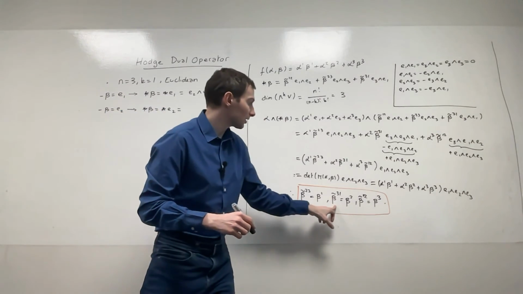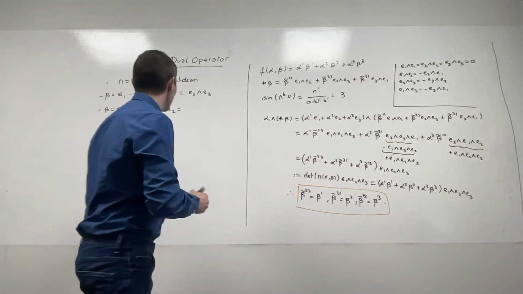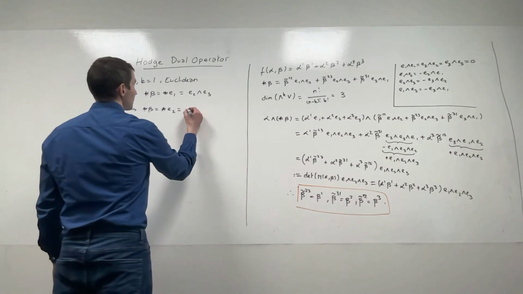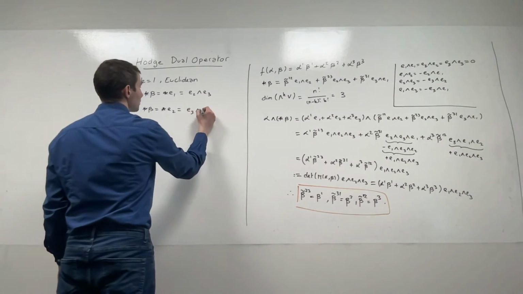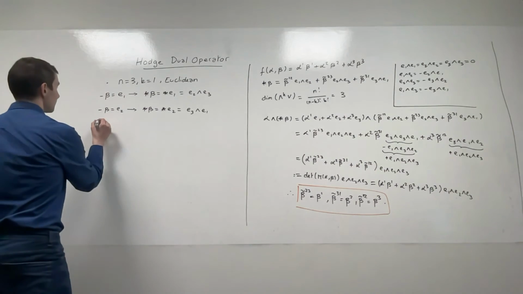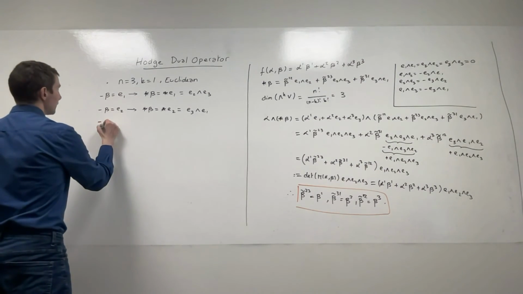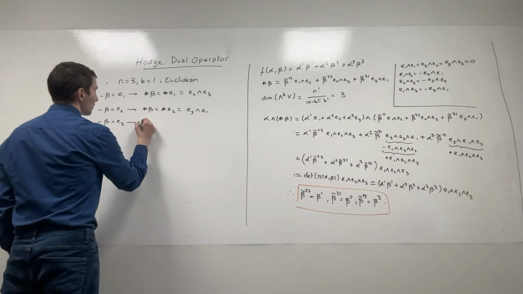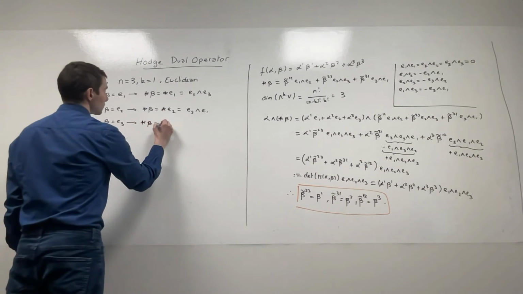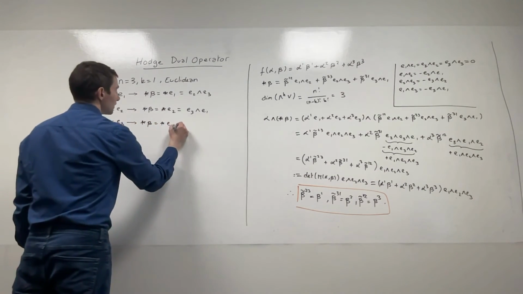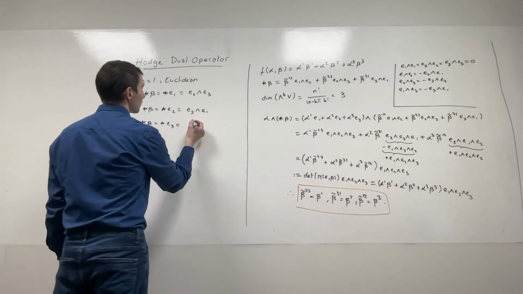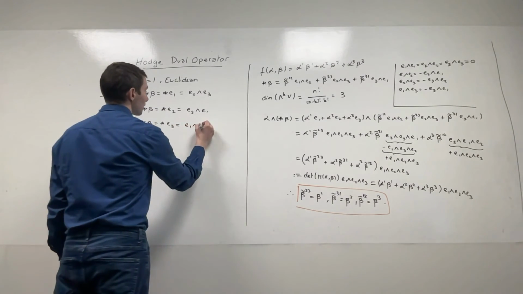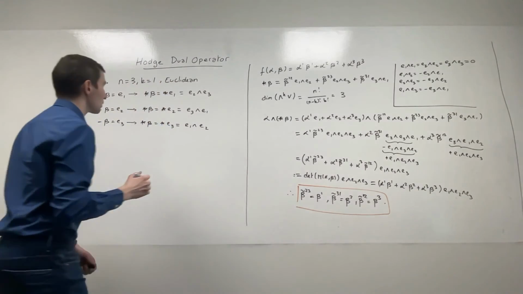Beta 2 is beta tilde 3 1. So what we are going to get here is that this is E3 wedge E1. And finally, the one left is beta is equal to E3. Then the dual of beta is the dual of E3, and it's equal to what you're going to find here. This is E1 wedge E2.